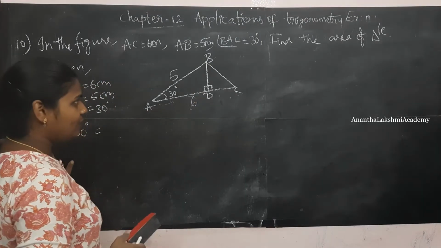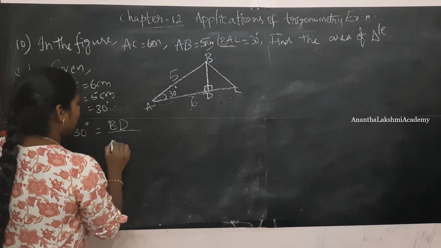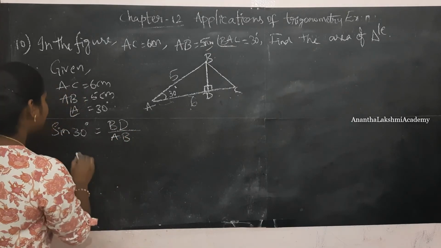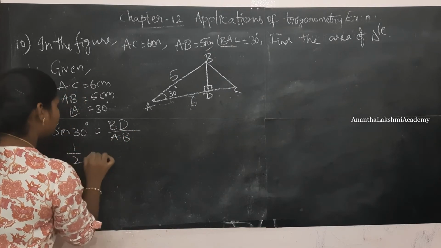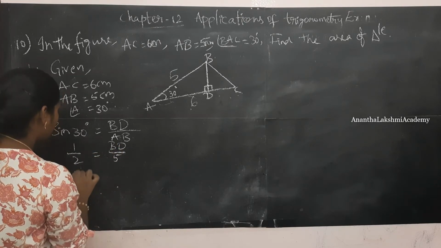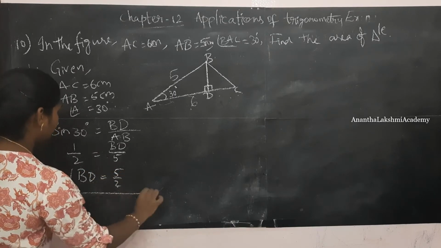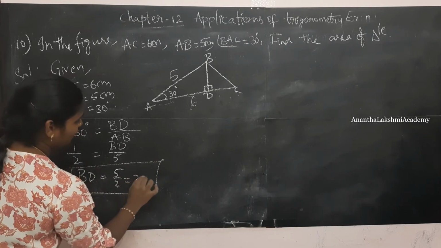So I am going with sine, which is BD by AB. AB is 5, and sine 30 is 1 by 2, so BD by 5 is 1 by 2. If I do the cross multiplication, BD is equal to 5 by 2, which is 2.5.